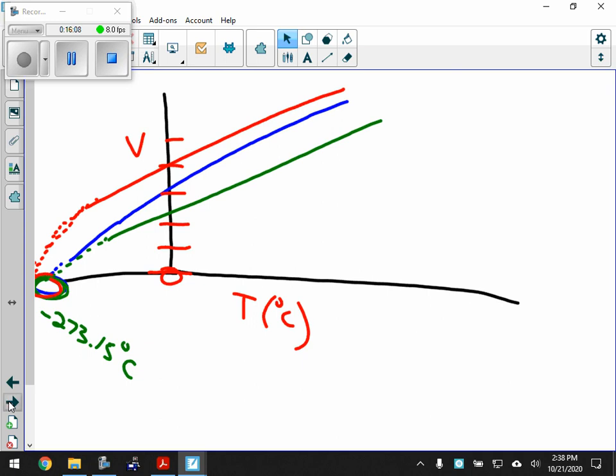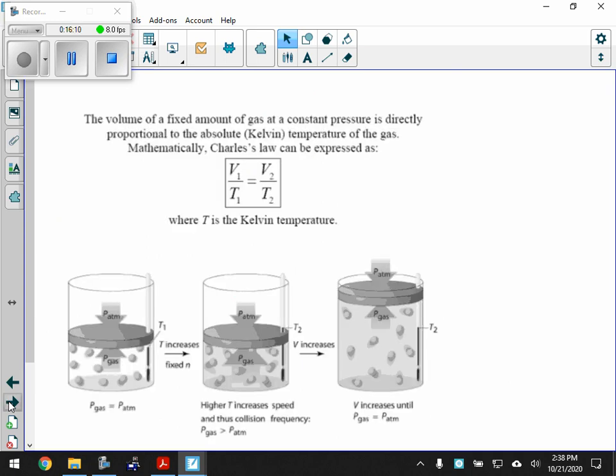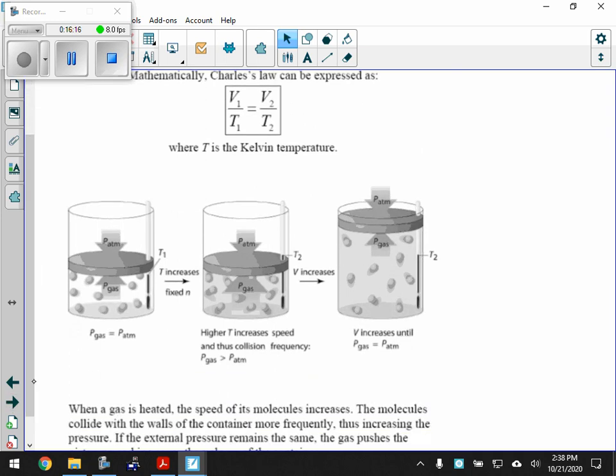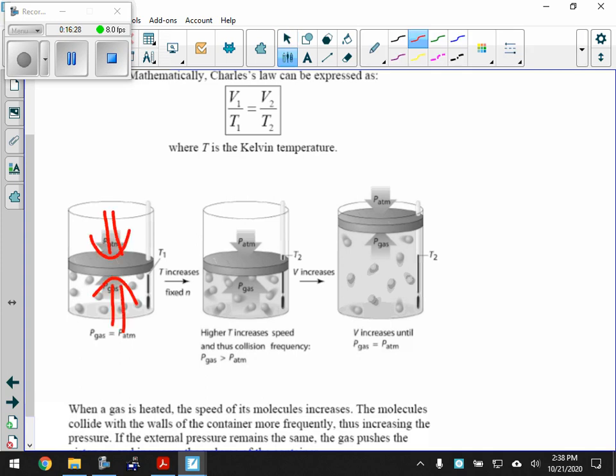So this is an example of Charles' law at work. We should look at these diagrams, which are on the back for you, and be able to explain what's going on. In this case, remember we talked about equilibriums. That is equal to that right now. If I start to heat up the gas, the particles start to go faster.